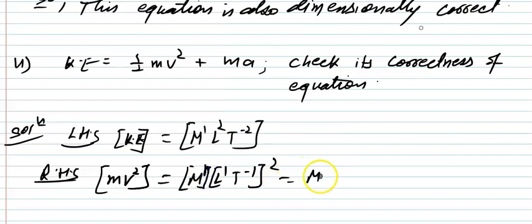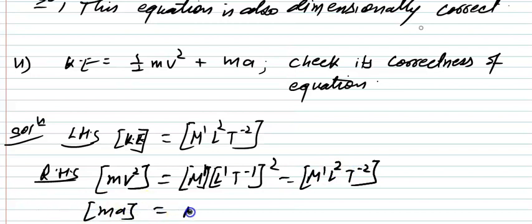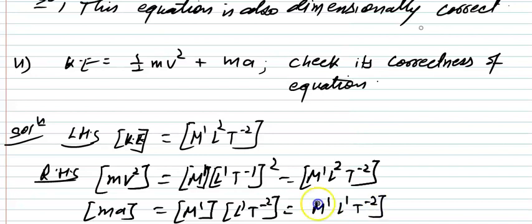So its dimension is M to the power 1, L to the power 2, T to the power minus 2. Similarly, there is mass and acceleration. Let's check its dimension also. It is M to the power 1. Now the dimension of acceleration is L to the power 1, T to the power minus 2. So here we have M to the power 1, L to the power 1, T to the power minus 2.